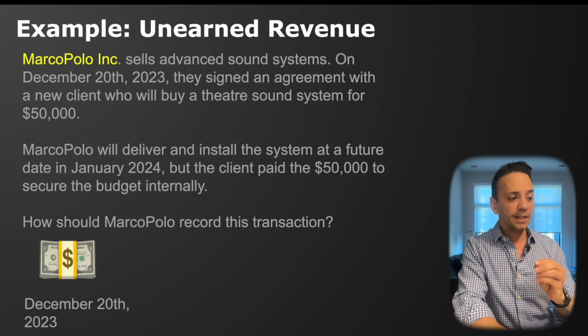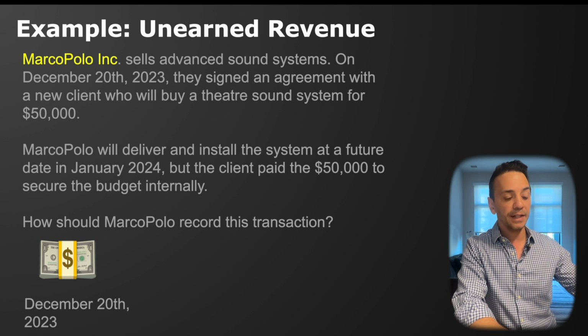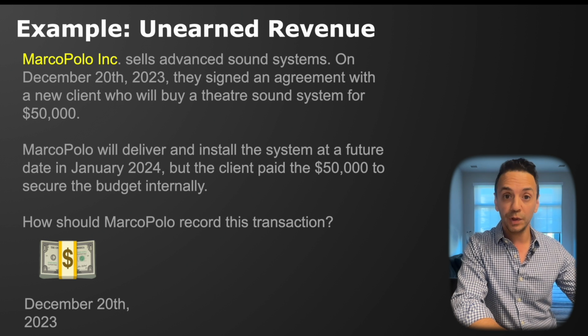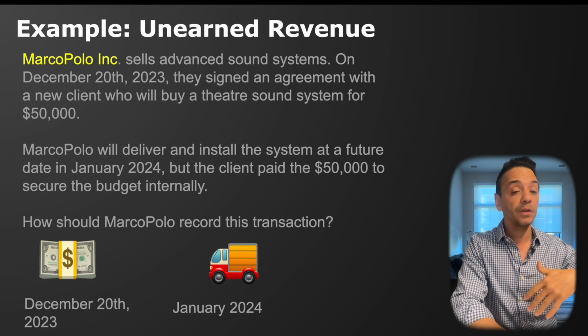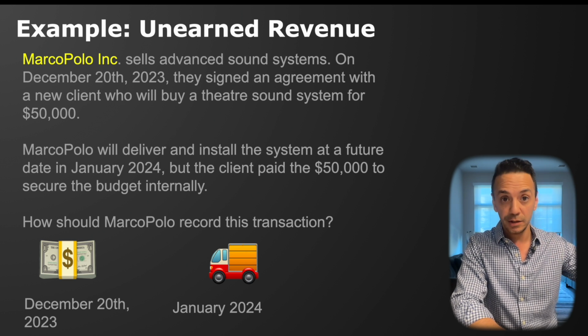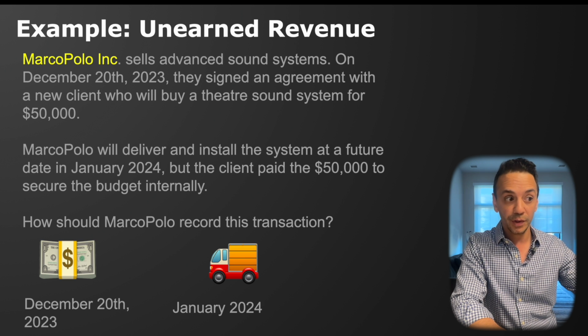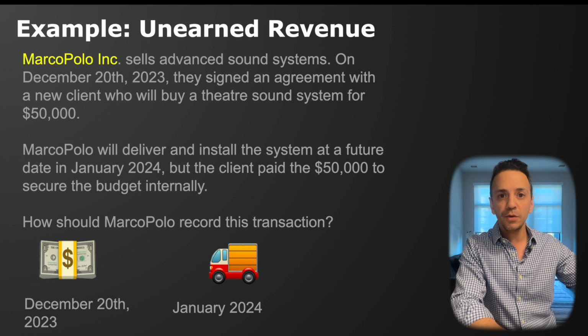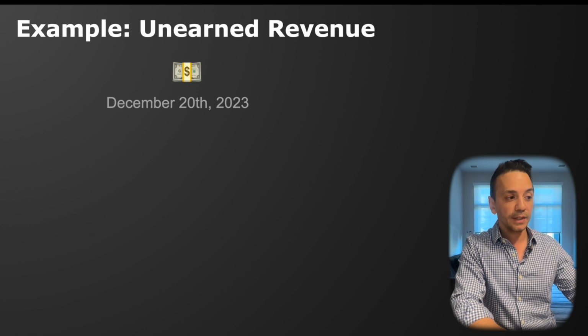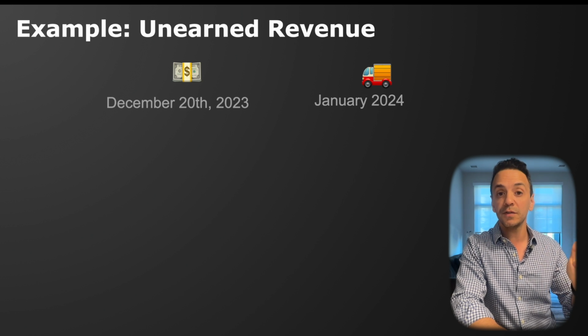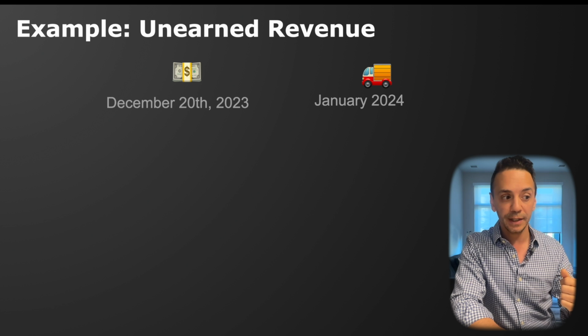Okay, so in this case here, the cash has been received on December 20th, 2023. However, the goods or services will be delivered at a future date in the next year in January 2024. Okay, so let's go through the recording of this transaction. In this case, we said the cash is received, but the service or the good will be delivered at a future date.